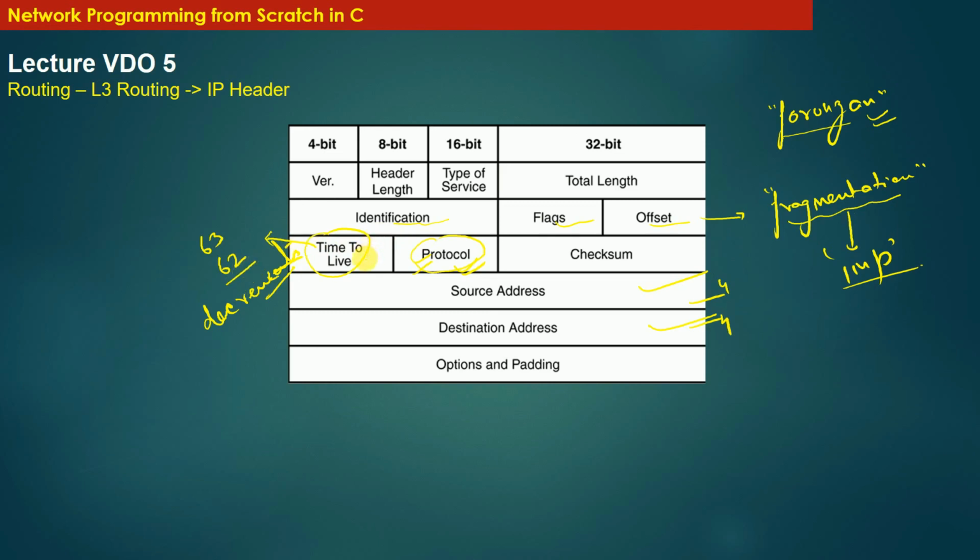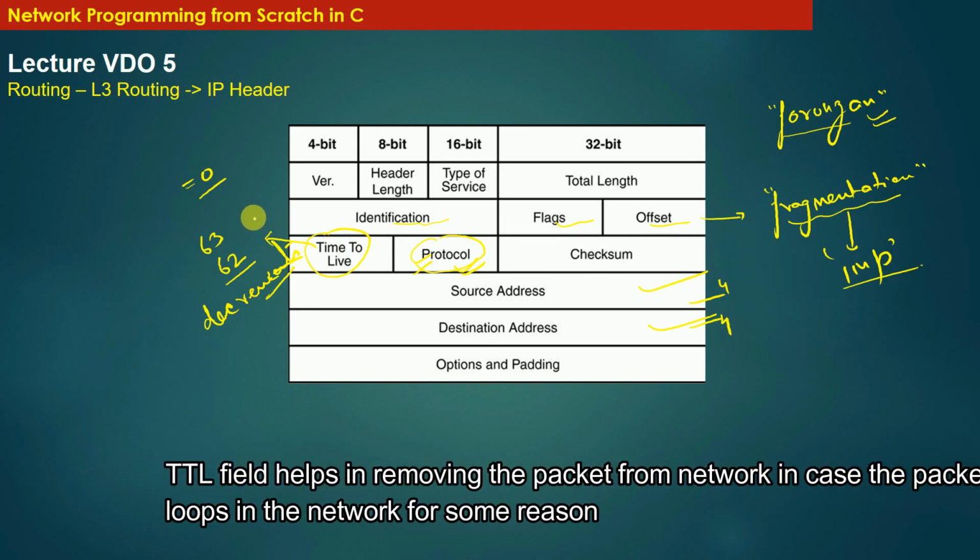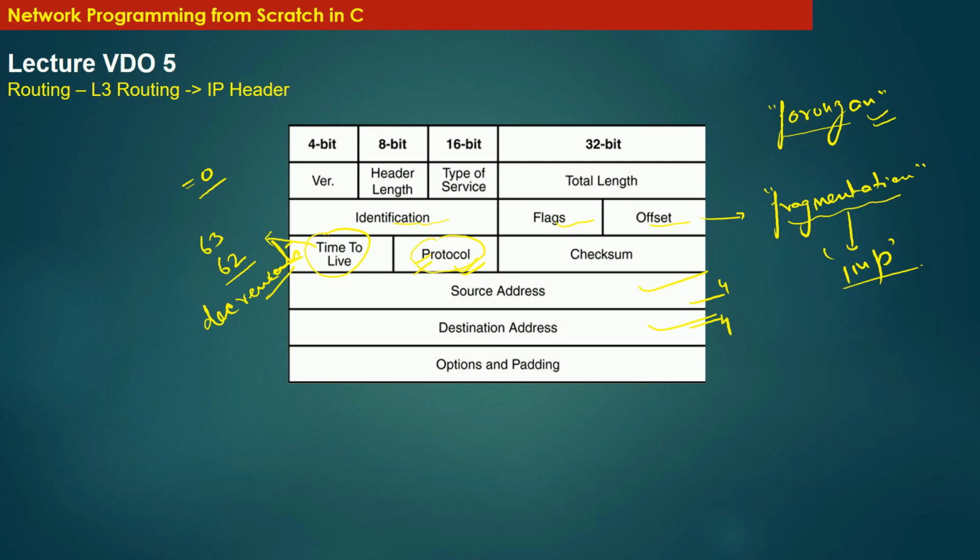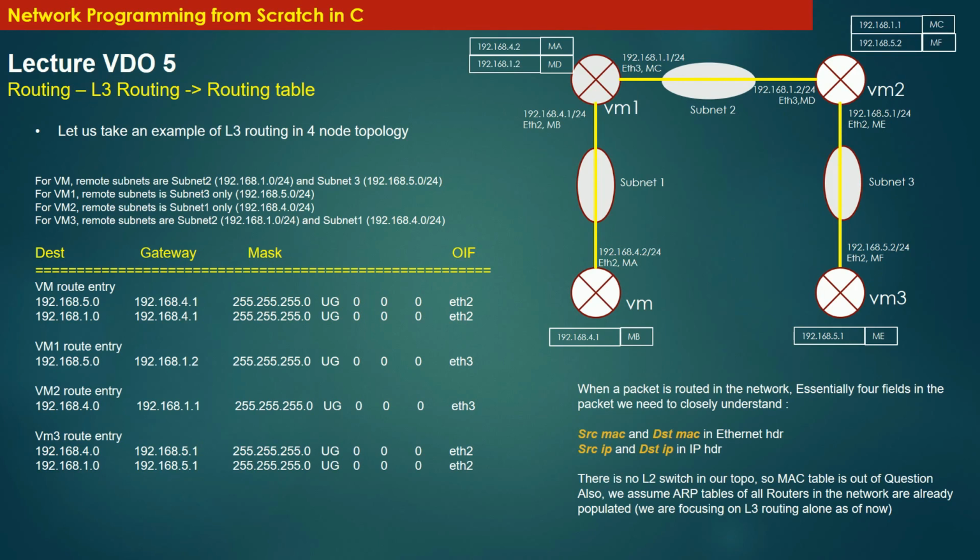The time to live field is useful whenever there is a loop in the network, and whenever a router receives a packet with time to live field equal to 0, the router simply discards the packet. It does not forward the packet any further. So we have taken a look at the IP header. Now, let us take an example of L3 routing in a 4-node topology.